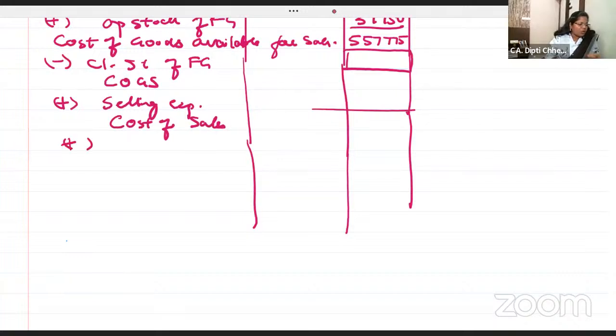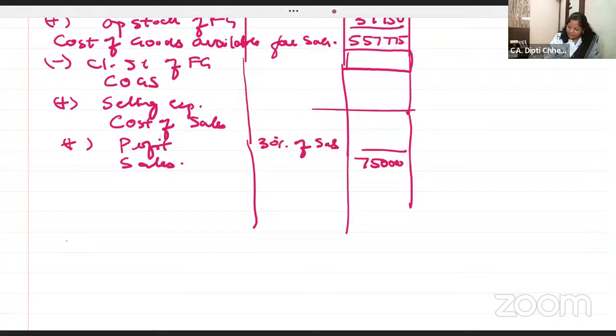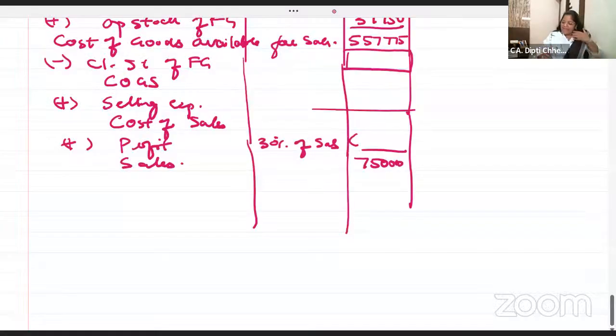Add to it what? Profit. Profit they have clearly given, it is 30% of sales. And now we have sales. Sales तो ready दिया है 7,50,000. तो उसका 30%. 7,50,000 का 30%.